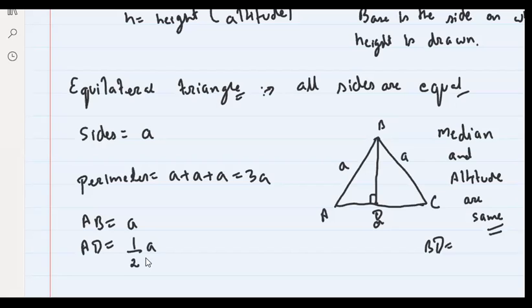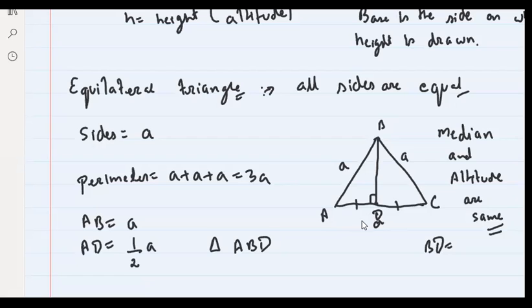Now think about this. What do you think about triangle ABD? Shravya, see, AC is your side which is equal to A, and BD is your median. So median divides the side into equal parts, na? So if AC is A, then AD is half of A, right?